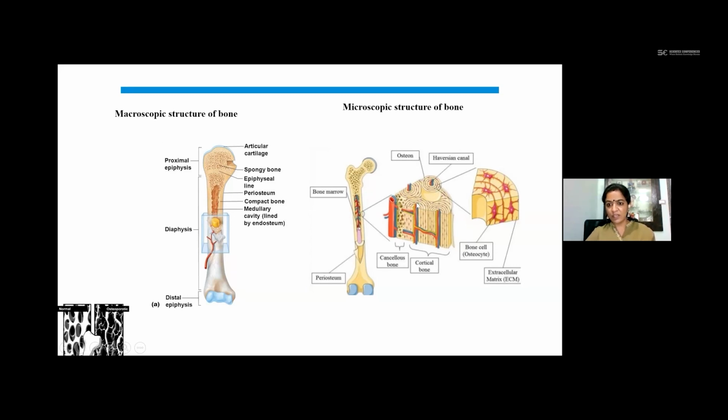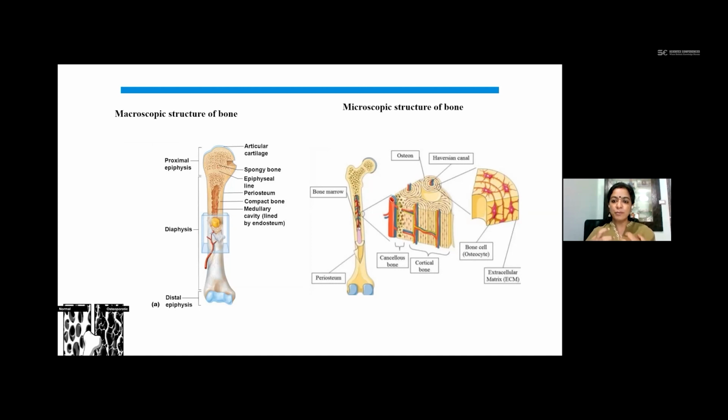This is how it looks, and the circular arrangement, this single unit, we call an osteon, and it is known as the functional unit of bone. You can see the circular arrangement, which we call the lamellar arrangement of hydroxyapatite and collagen together.